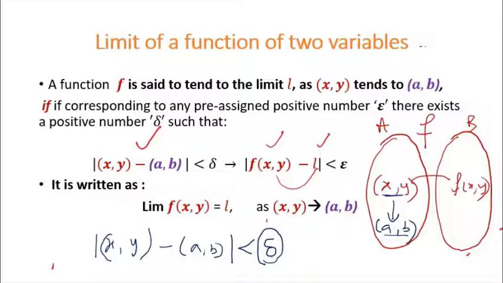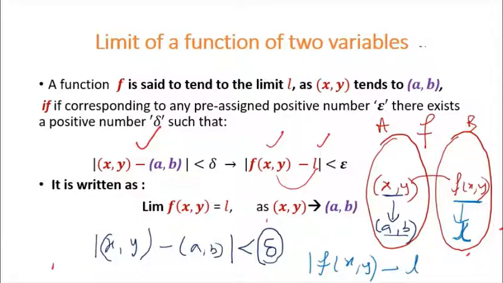Then when xy is reaching a comma b in the domain, in the codomain you have f of xy, and a comma b also will have some image. Suppose f of xy is reaching a value L. That means the distance between f of xy and L is reducing.